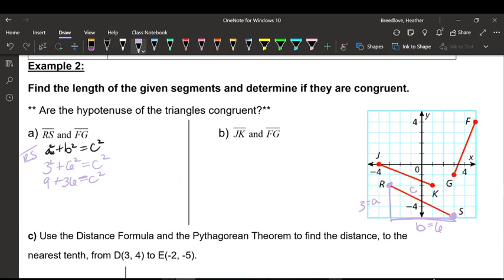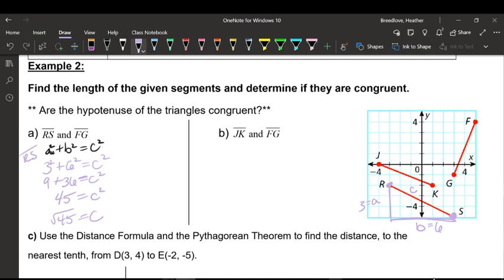And that's still C squared. We're going to take it as far as what is C. So to undo something squared, you take the square root. Those are reciprocal operations. So you take the square root of 45 equals C.